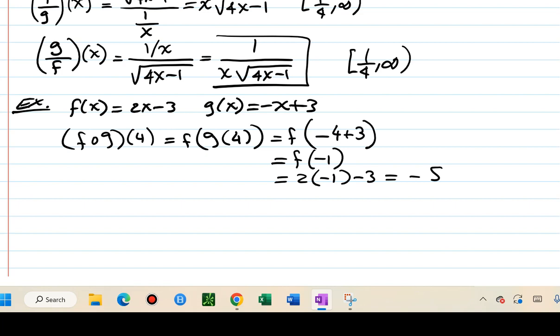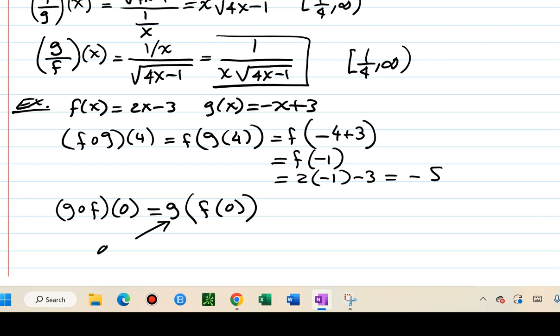What if I want to do g of f evaluated at, let's go easy on ourselves, 0? Well, this time the outside is g, the inside is f. It really helps us to think of these as truly what they are. G is called the outside function. F is called the inside function.